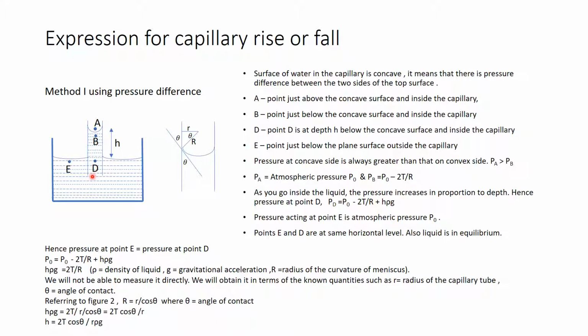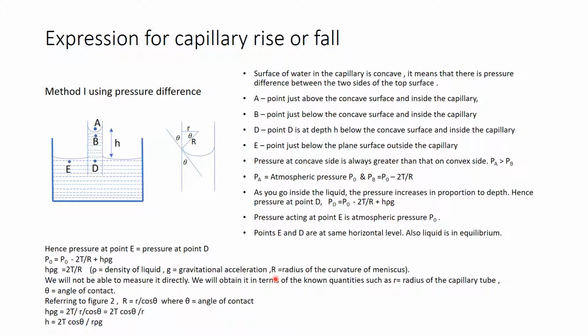Now here, the points E and D are at the same horizontal level and the liquid is in equilibrium. Therefore, it is necessary that the pressure at point E and pressure at point D must be the same. And therefore, we will equate. What is pressure at point E? P0. What is pressure at point D? We have derived P0 minus 2T upon R plus h rho g, where rho is the density of the liquid, g is gravitational acceleration, and pay attention, what is R over here?